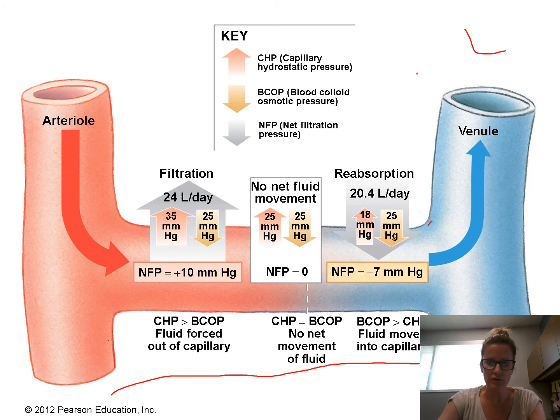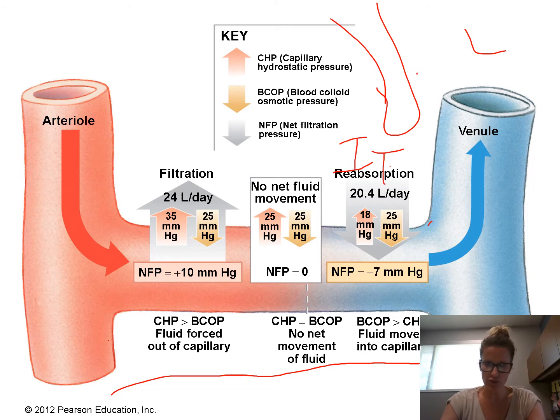There are little lymphatic capillaries that start out here in the body, and all of this extra interstitial fluid that's pushed out of the blood and accumulated around our cells enters into the lymphatic capillary and flows through it.